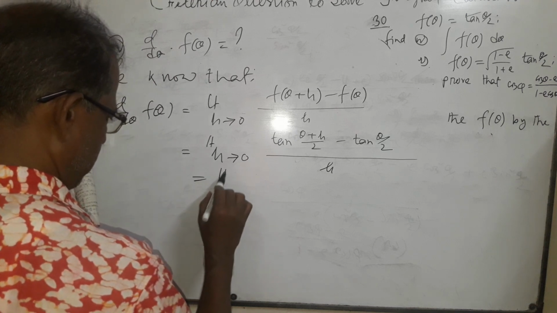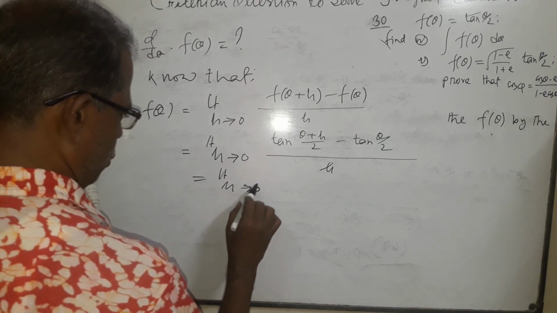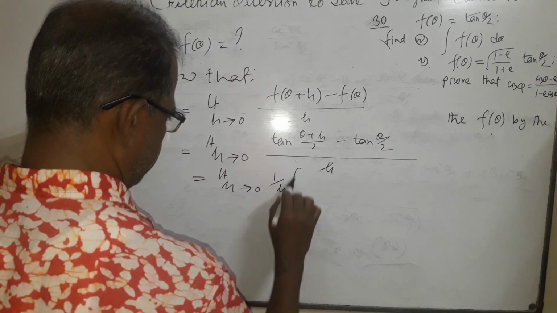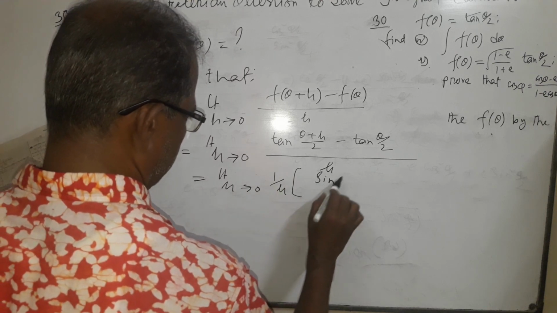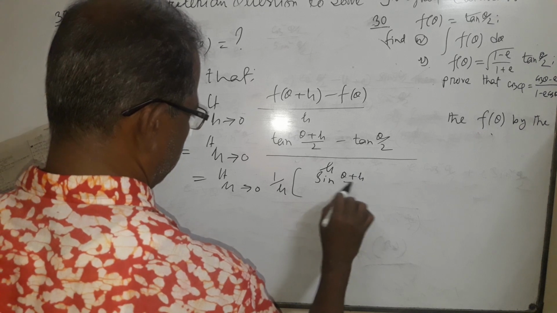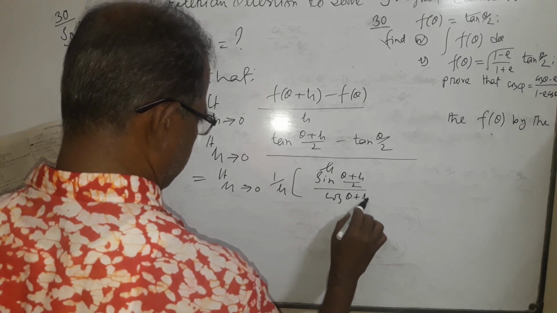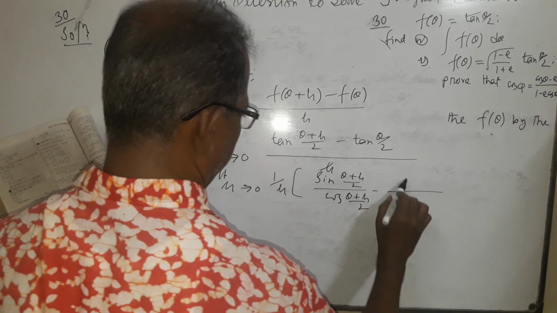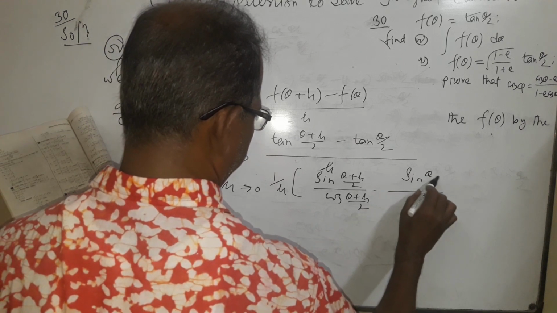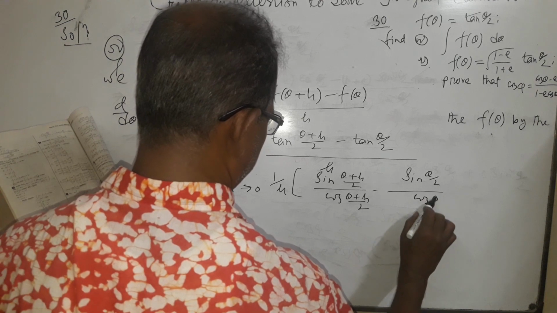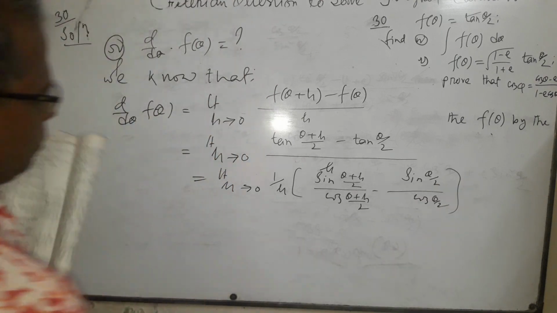That's why limit h goes to 0 of 1 by h, sin theta plus h divided by 2 divided by cos theta plus h divided by 2, minus sin theta divided by 2 into cos theta divided by 2.